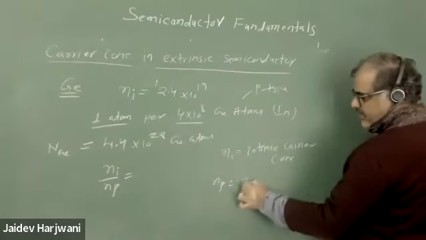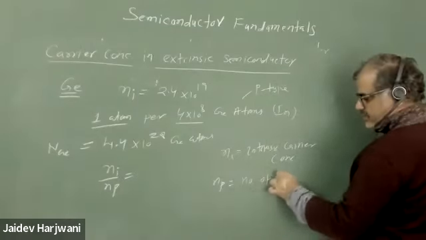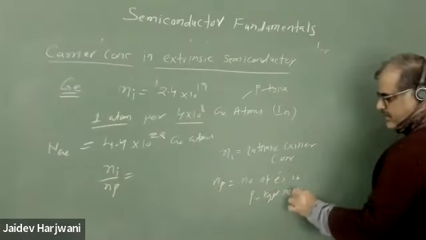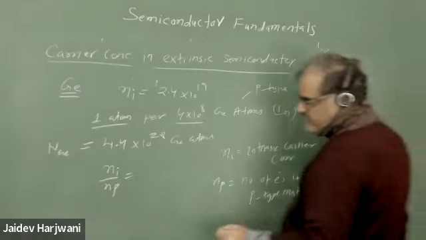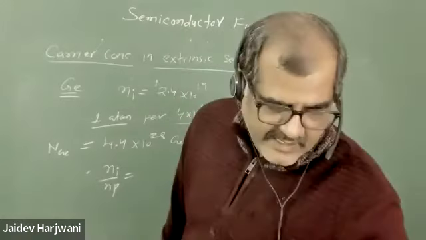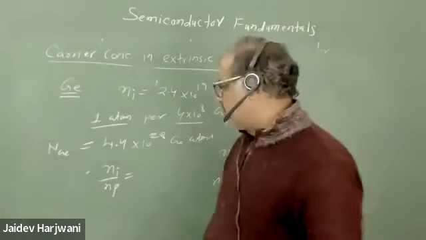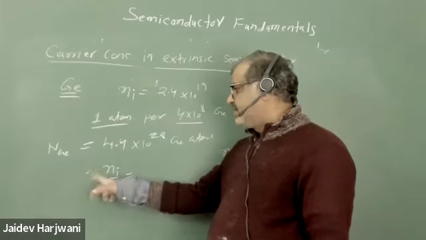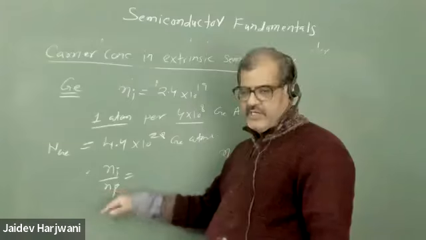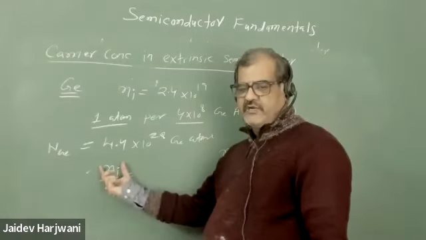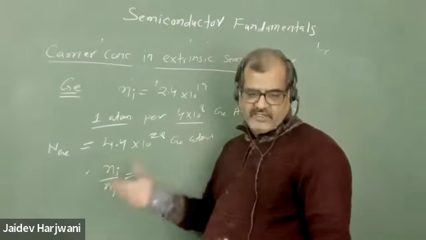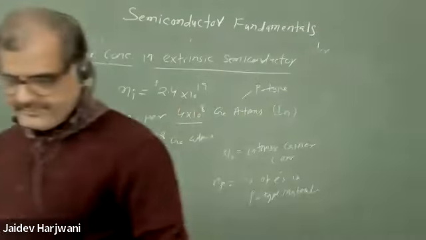So Np is the number of electrons in p-type material. Earlier you have Ni. When you make it p-type, the number of holes will increase and the number of electrons will decrease. So earlier how many electrons were there in the intrinsic, and later after doping how many electrons are there in p-type material. Calculate how much is coming.